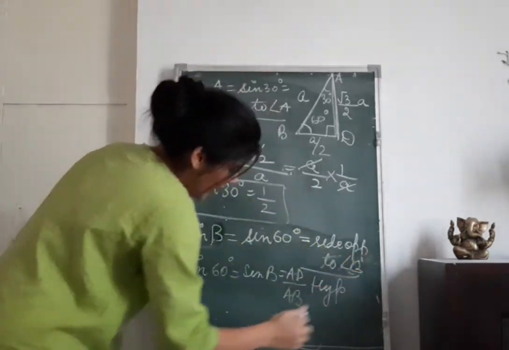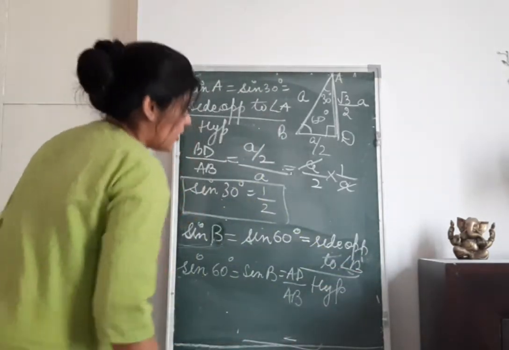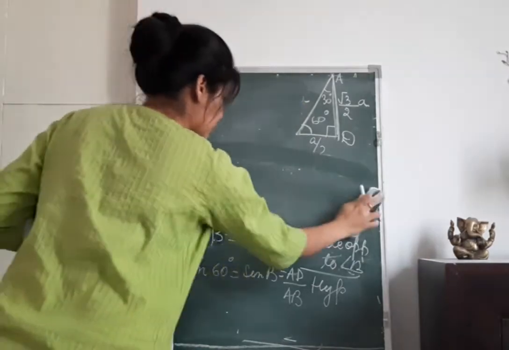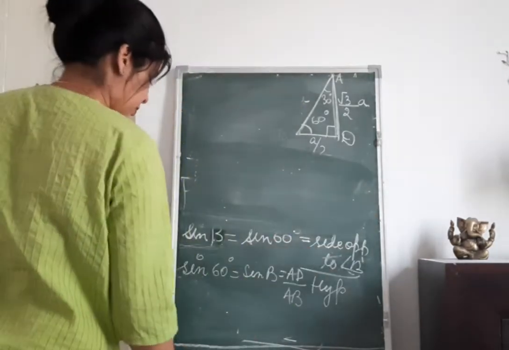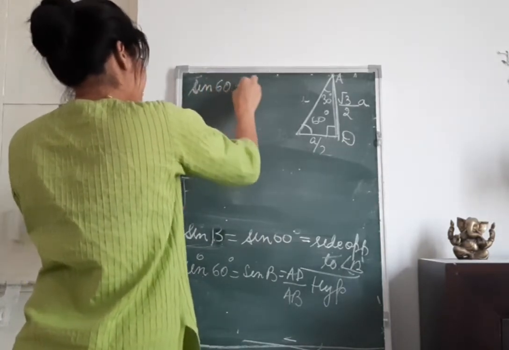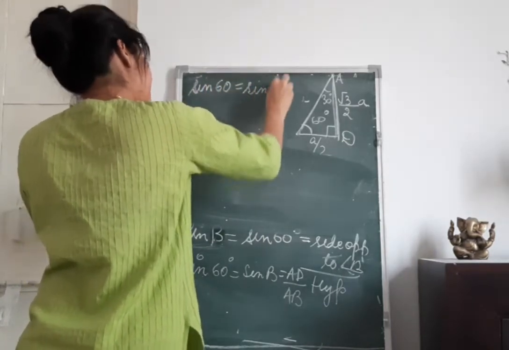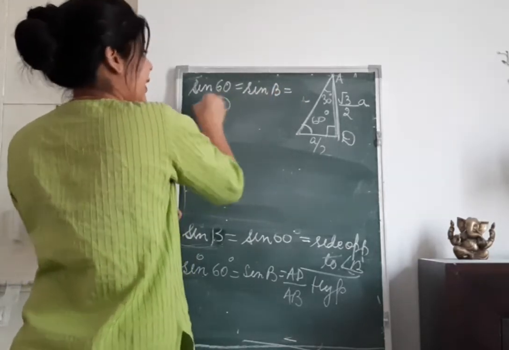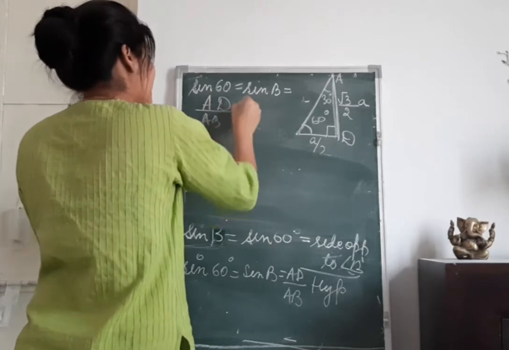What's the value of AD? Sine 60, or sine B, is equal to AD over AB. AD is what?